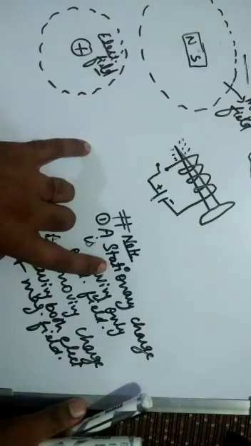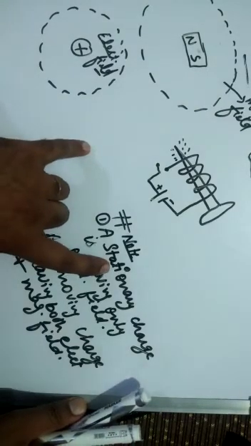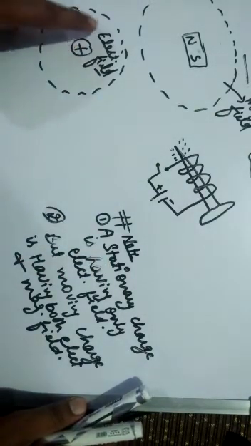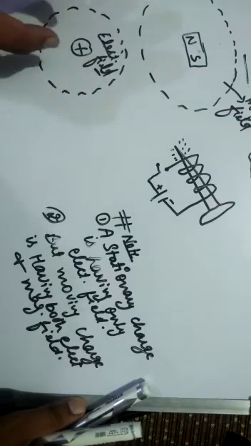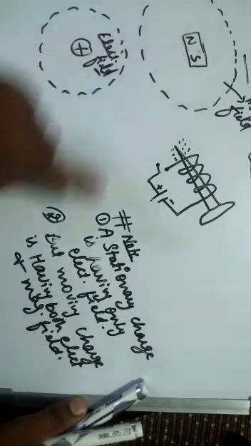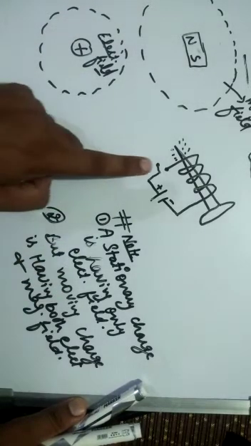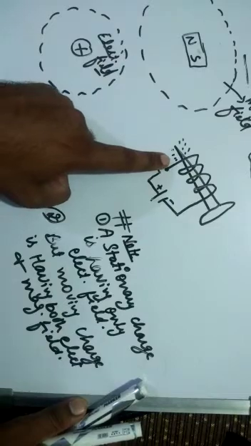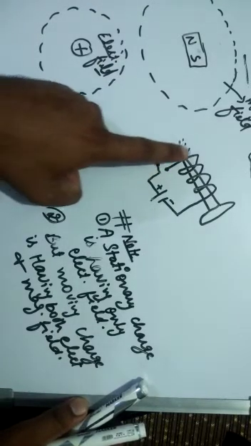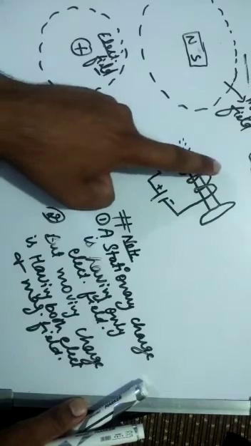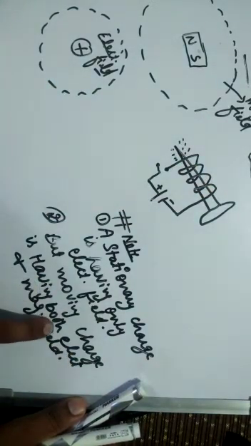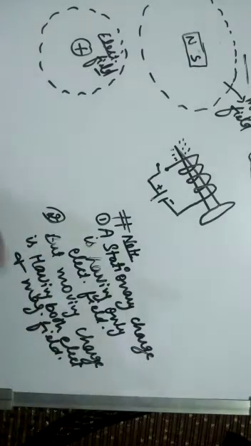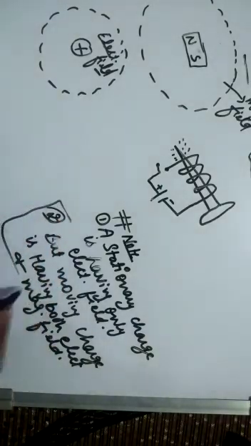Whenever your charge is stationary, meaning when your charge is at rest, it is having an electric field. And whenever your charge is moving, like in the case of current, now current is simply the movement of electric charges, so whenever your charge is moving, it is having both electric as well as magnetic field, and this is the key concept of the whole chapter.